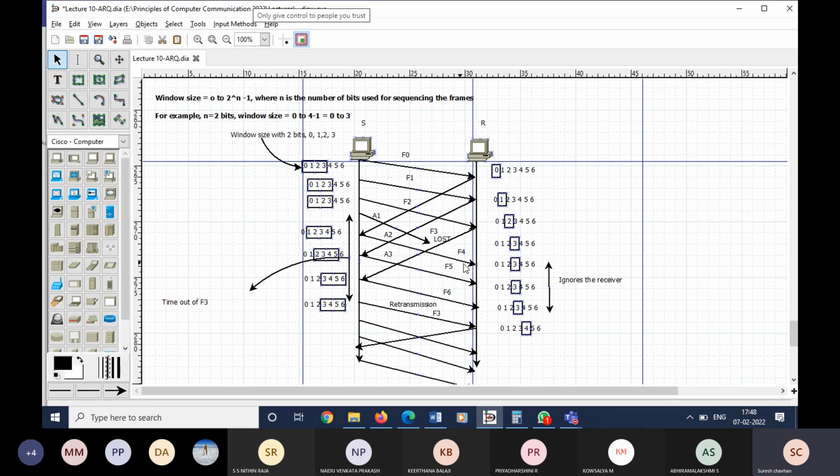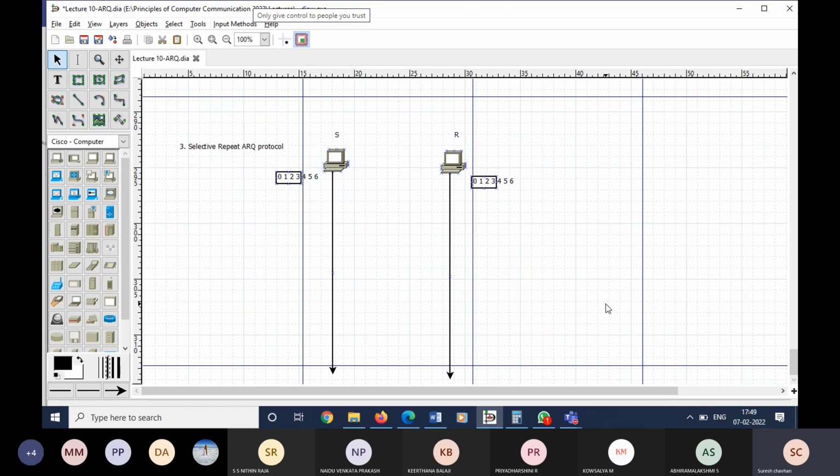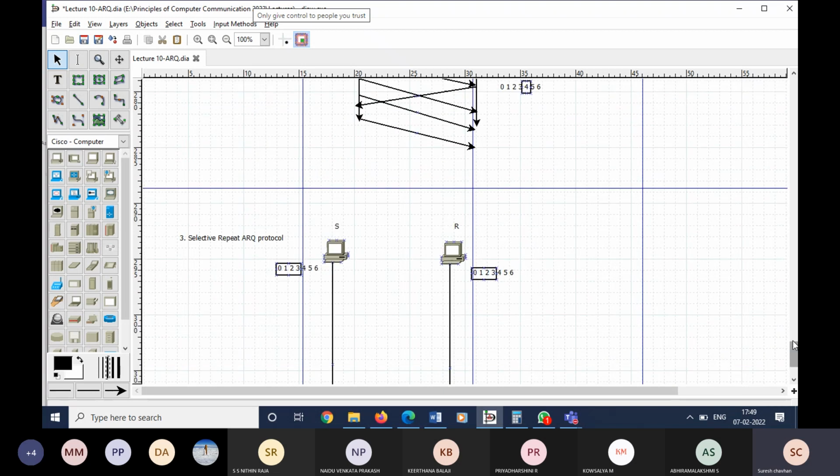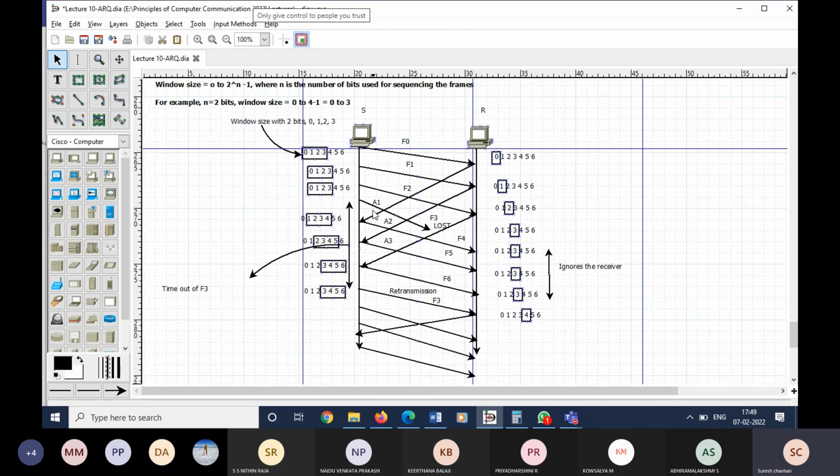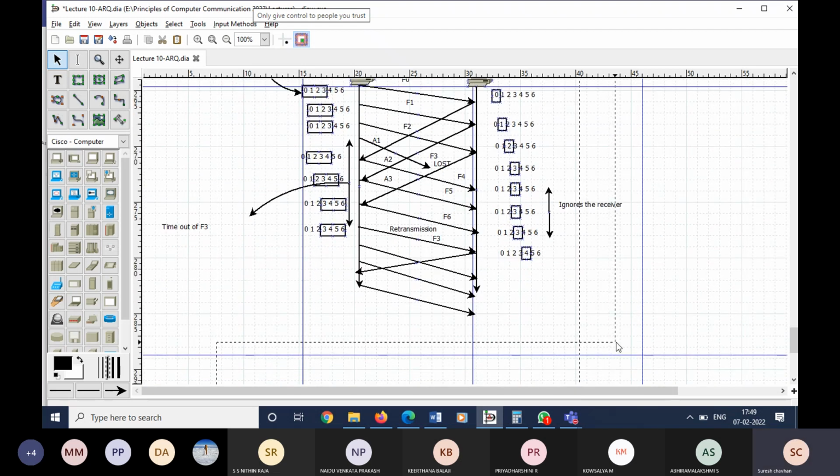Even though it transmits F4, F5, F6, and the receiver has the same window, it will definitely accept all the frames. The name Selective Repeat has come because only the selected frames will be retransmitted. That's the one. Wait, I will take the entire thing.